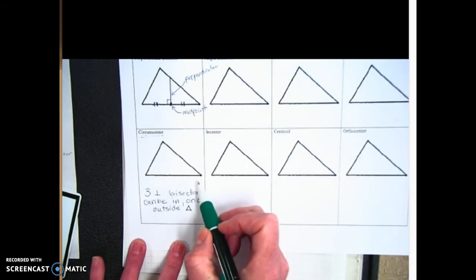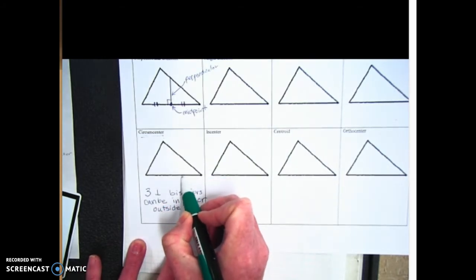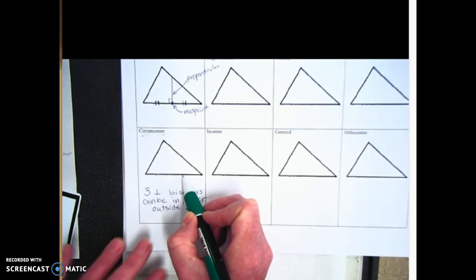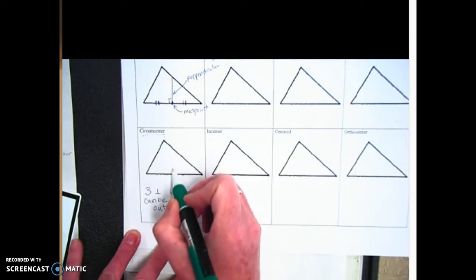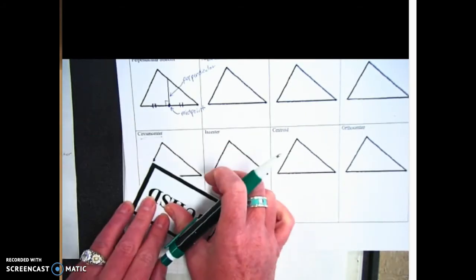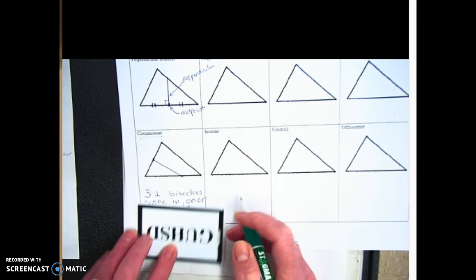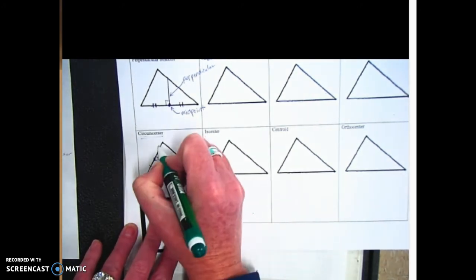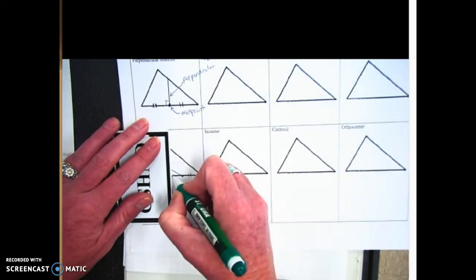So it could be inside, like somewhere in here. It could be on, like on a segment. Even if you had like an obtuse triangle, it could even end up outside the triangle. So if we bisected each side, if we took the midpoint and did the perpendicular bisector, there's one from one side, and we did it for this side, so we'll put single tick marks here, double tick marks here, go straight up and draw the perpendicular bisector.